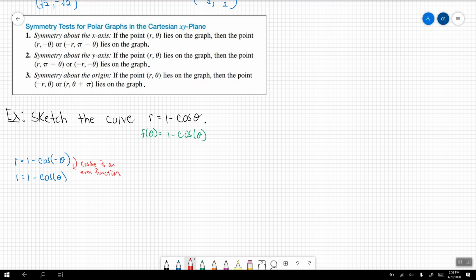Now, since that's the case, we naturally just get the original equation back, which means the original r value doesn't change at all. So what does that tell us then? That then tells us that r of theta is going to produce the exact same result as r of negative theta.